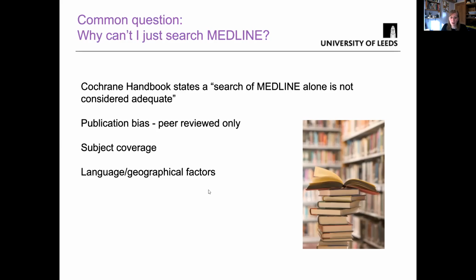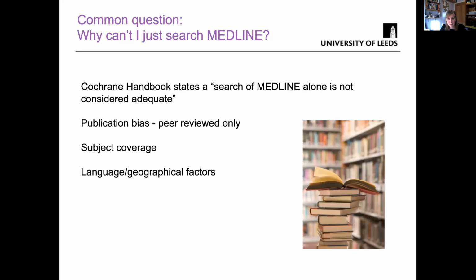There are some language and geographical factors that come into play as well with the different databases. Medline is North American based, and it will have a North American bias. It does have international coverage, but it perhaps doesn't cover the European literature and rest of the world literature as well as it covers the US literature.